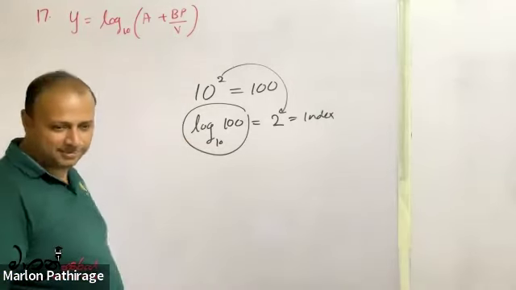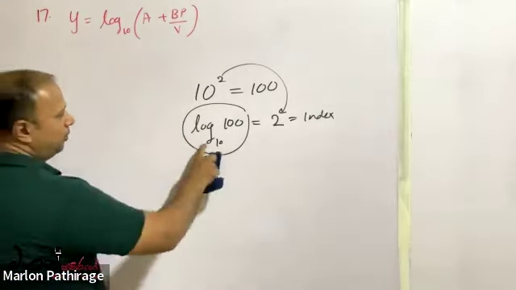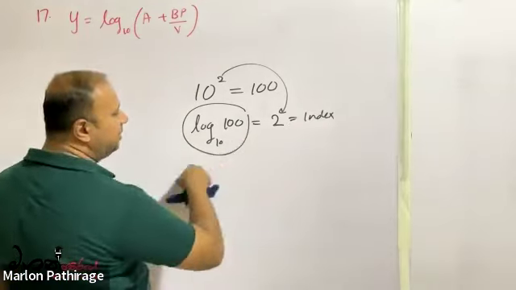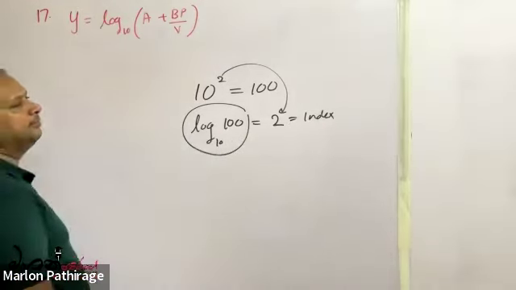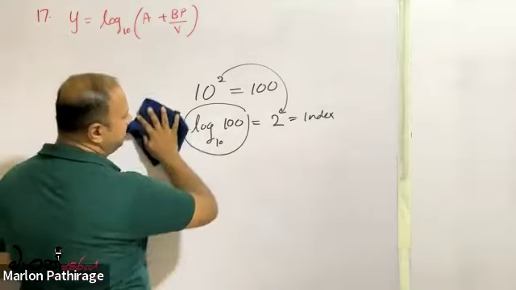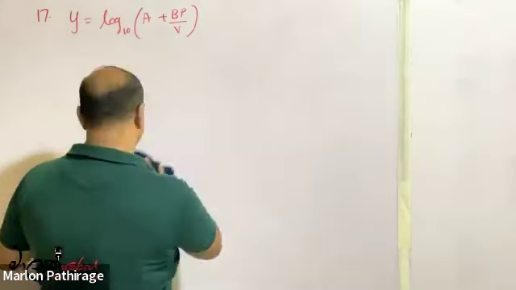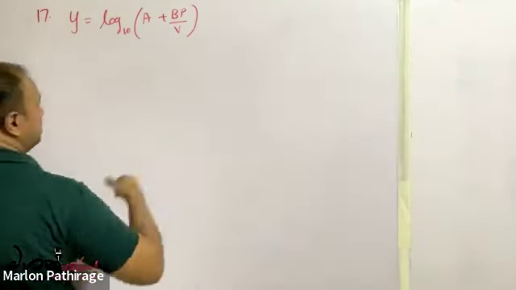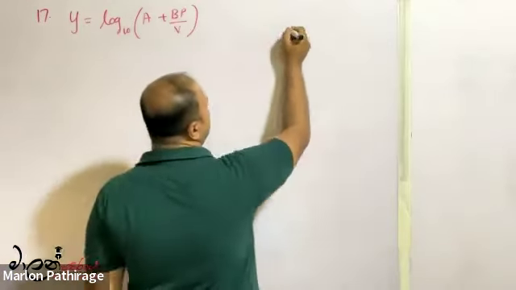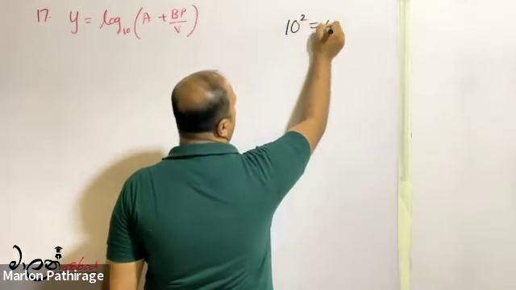That is the entire log function. The entire log function is equal to the index. Index is a number. Therefore, the entire log function is a number. So due to this reason, 10 to the power 2 is equal to 100.